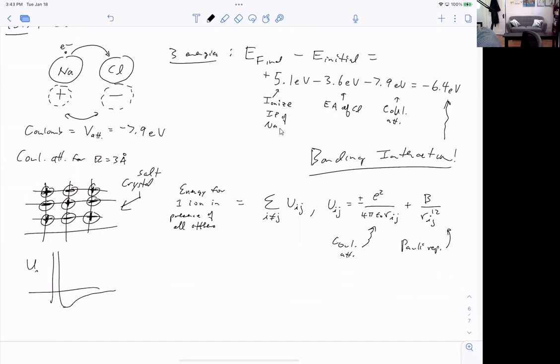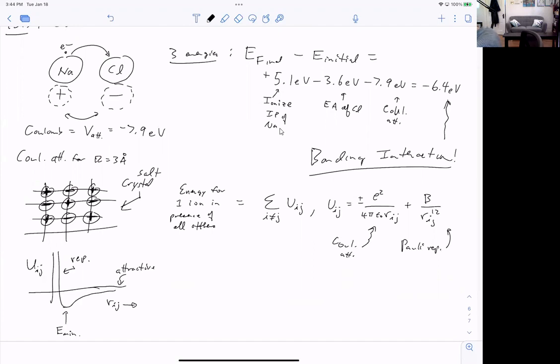If I plot U_ij versus R_ij, you can see that it's repulsive when they're really close, but attractive as they get further apart. And then of course there's the minimum energy configuration. That's the preferred R_ij, at the bottom of that.